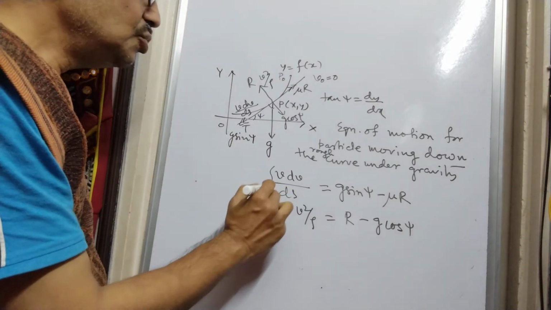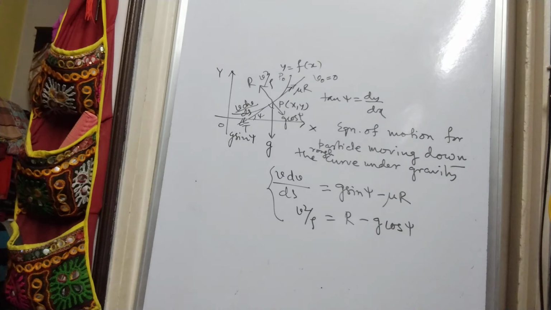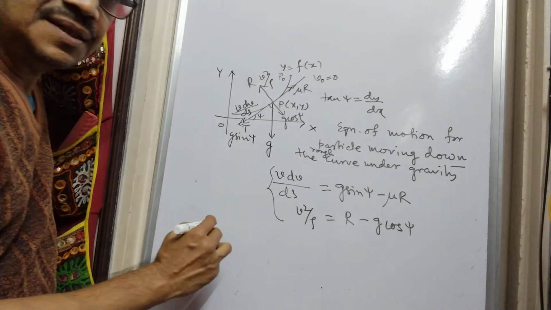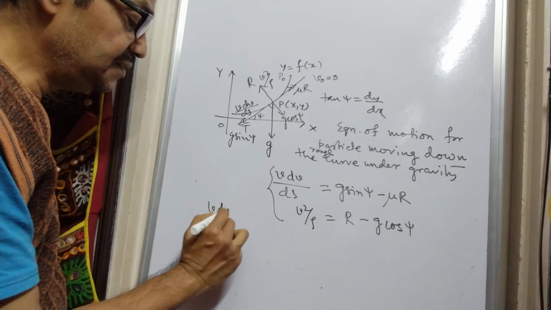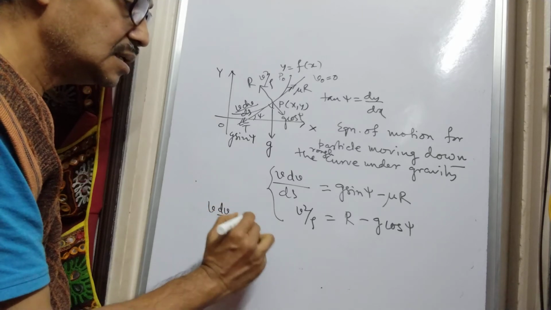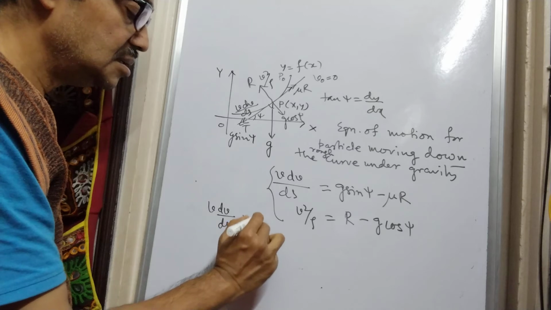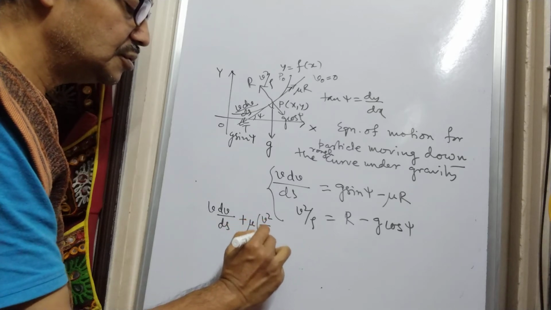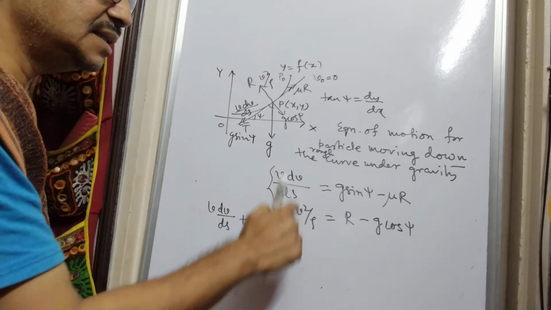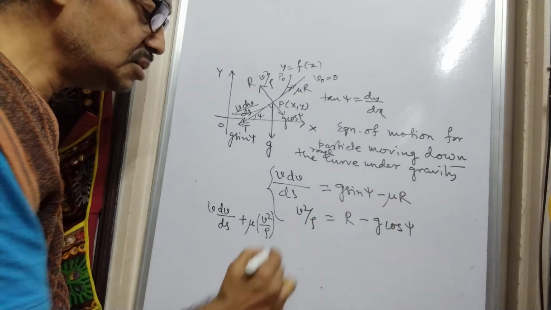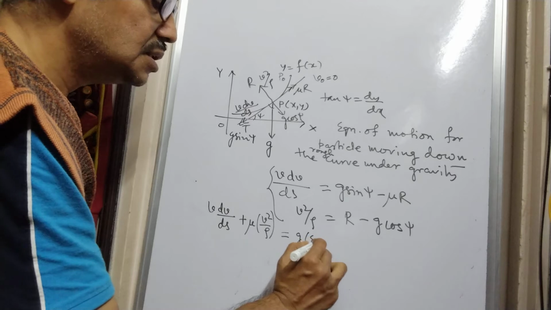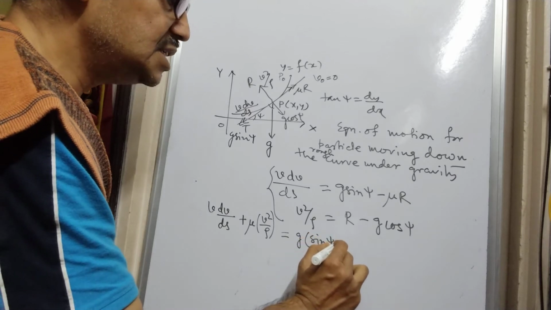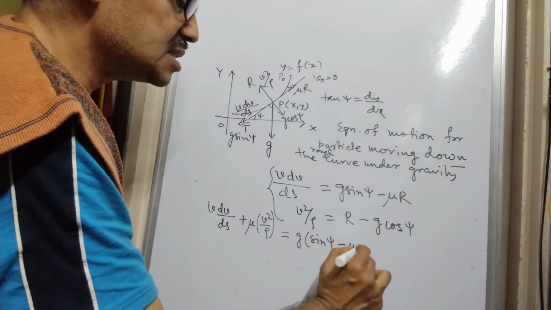And from these two, in a similar fashion, we may find that v dv/ds plus mu v square by rho, we have added these two so that mu R cancels out, and we have in the right hand side g into sin psi minus mu cos psi.